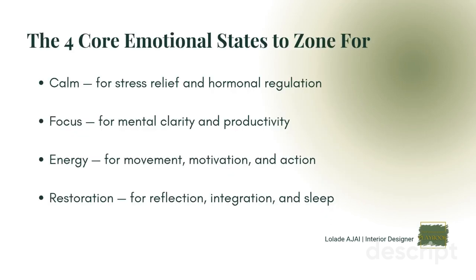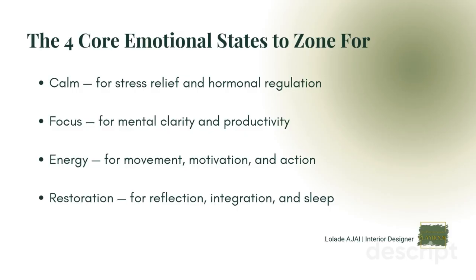Now that we've touched really quickly on the science, let us move on to the four core emotional states we should zone for in our home environments. Every woman, particularly in perimenopause and postmenopause, needs four emotional zones in her home. The first is the calm zone, which helps you regulate stress and restores your nervous system balance.